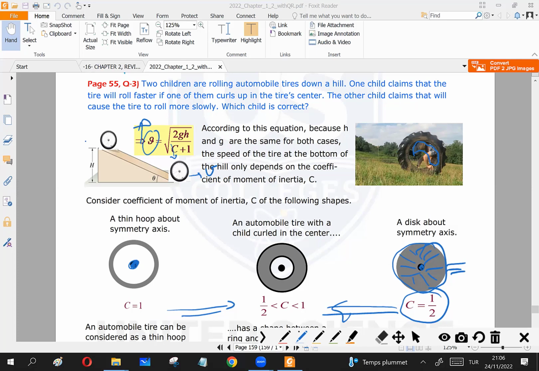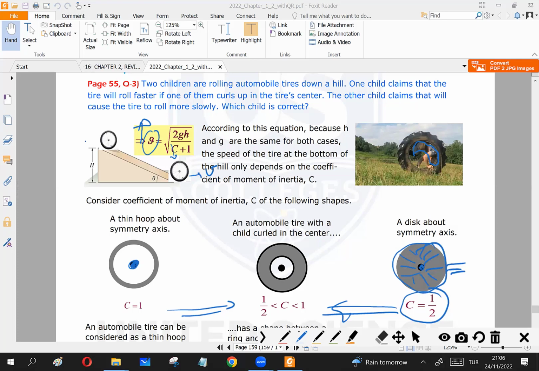So when the child curls inside this tire, because the coefficient shape changes, yes, shape changes. And mass does not affect this question, mass has no effect. As you see, there is no mass in the equation. Only because there is a change in the shape, it can move faster or slower. How can we decide that?